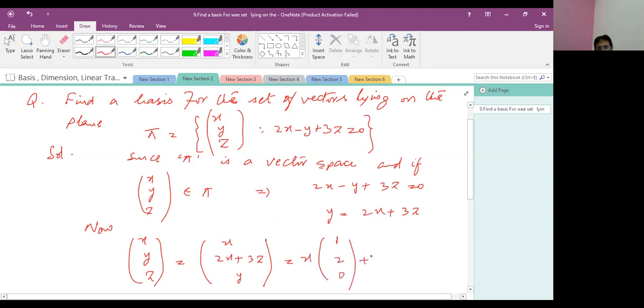If we take common y, sorry for that, z is z because of the value of y. So we will put here z. That means x and z both are present. Y is absent here. So if we take common z, it means (0, 3, 1).